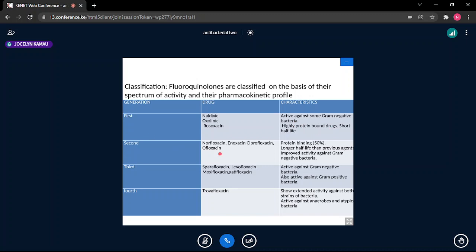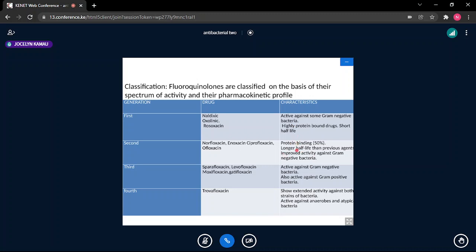Then you have the second generation, where we have drugs like norfloxacin, very important drug, ciprofloxacin, very important drug, ofloxacin, also a very important drug, also enoxacin. All these now have slightly lower protein binding, about 50%. They have a longer half-life than previous agents, and improved activity against gram-negative bacteria.